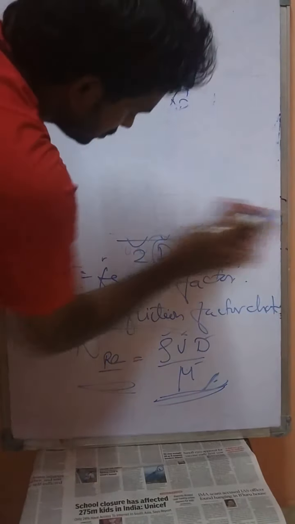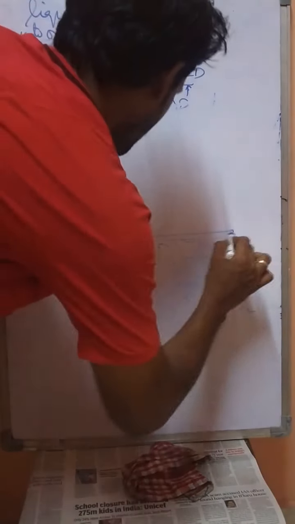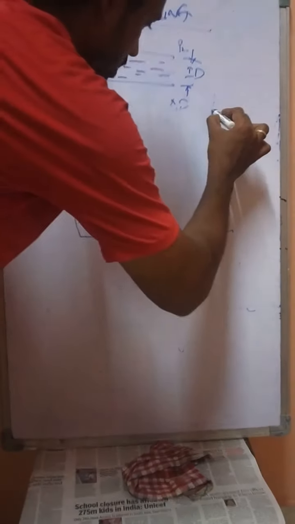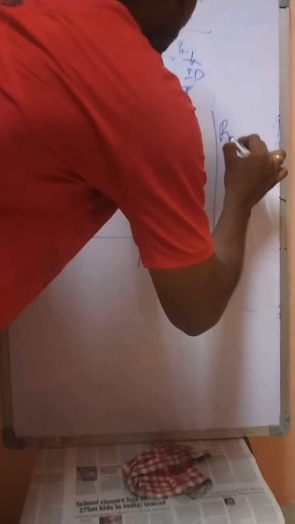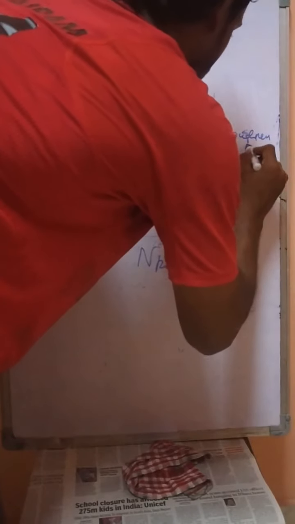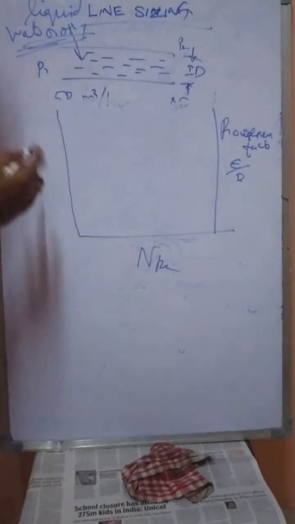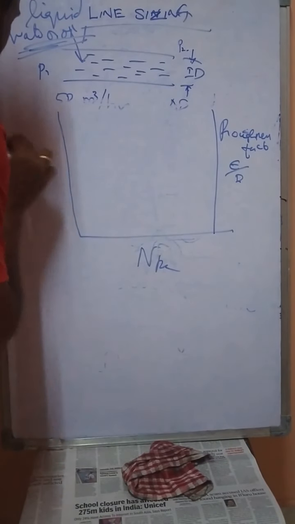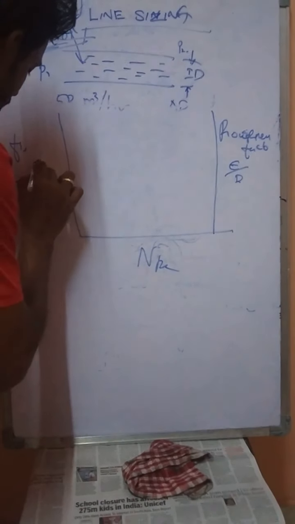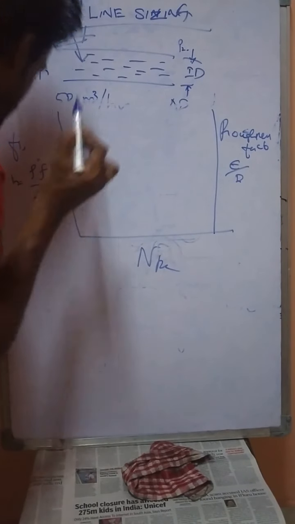I can draw simply the Moody friction factor chart. We have this NRe at the bottom side, and you have this roughness factor, that is e by D, and you have this friction F value, which can be found out by rho F L V square by 2gd.